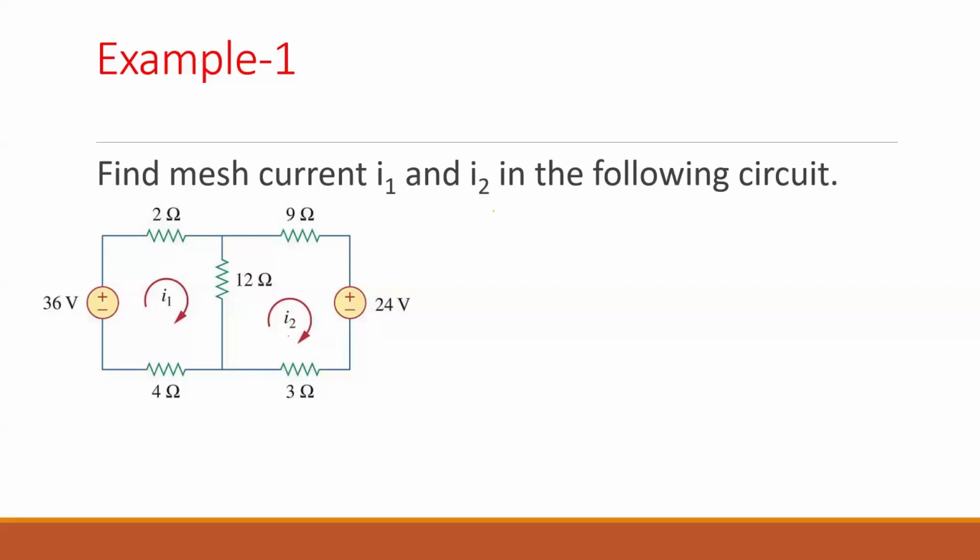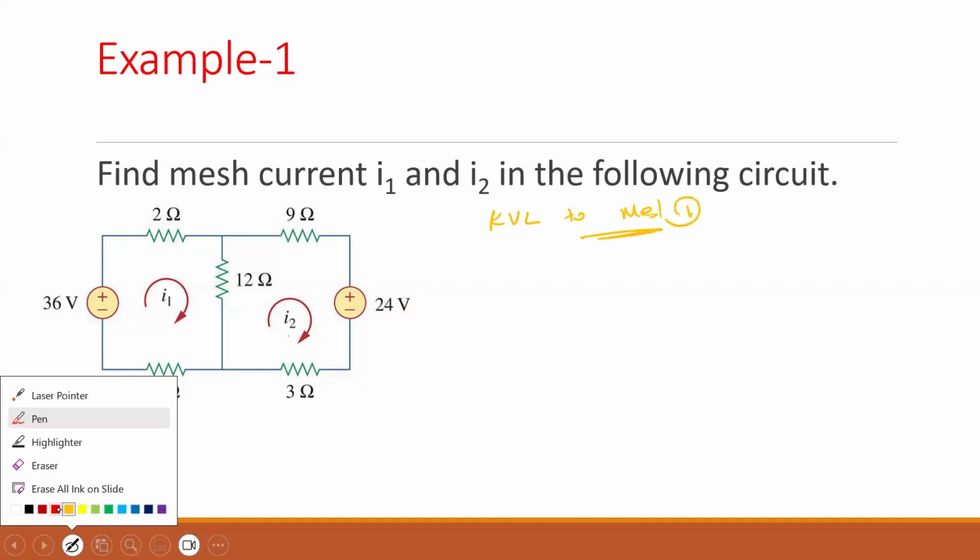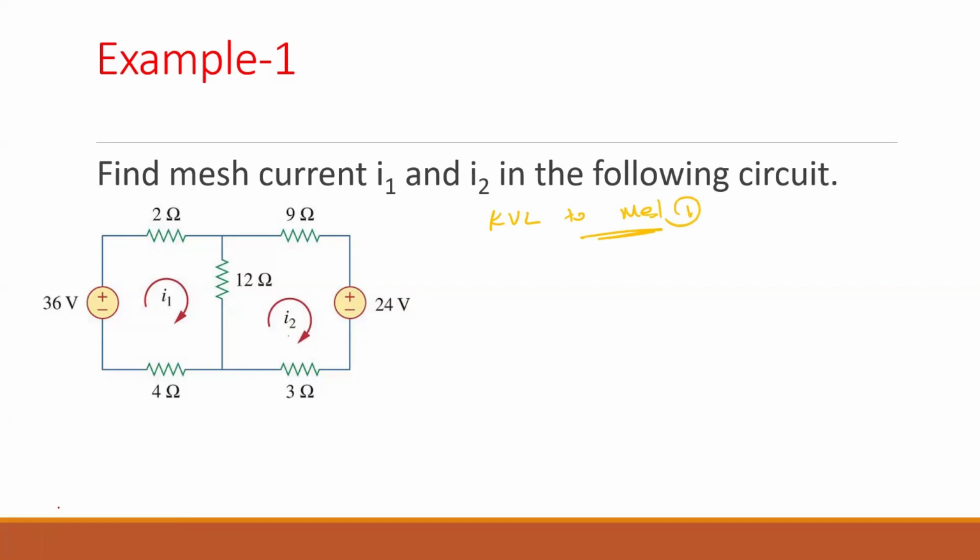So let's apply KVL to mesh 1. KVL says that when you go around a closed path, the algebraic sum of the voltages equals 0. So I start at a point and go around mesh 1. I'm going through a negative 37.